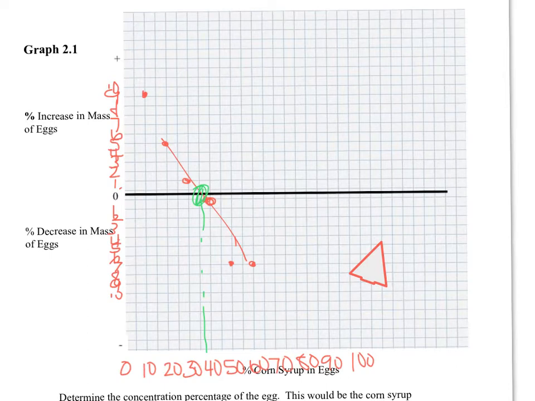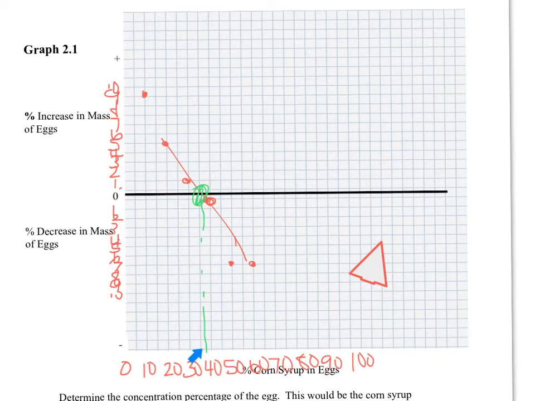So for me, it's about 35, which is what I guessed. Maybe about 36 or something. So where that crosses with your x-axis at the bottom of the page, that's about what number to put on the bottom.